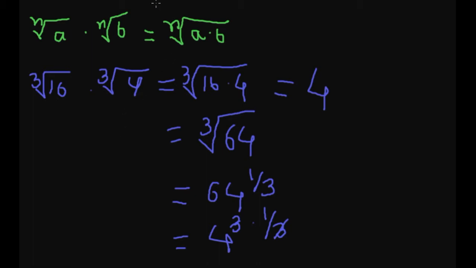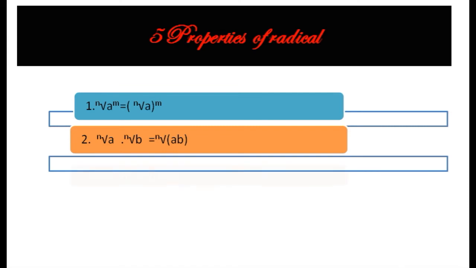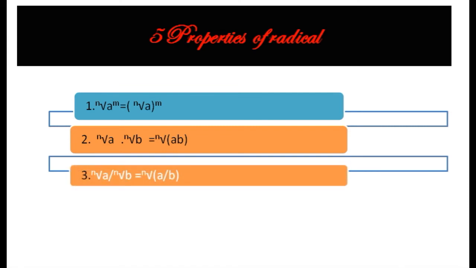Now we will come to the third property. The third property is nth root of a divided by nth root of b is equal to nth root of a divided by b in a single root.